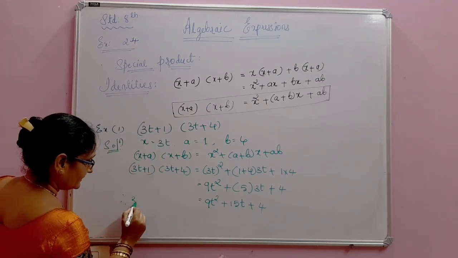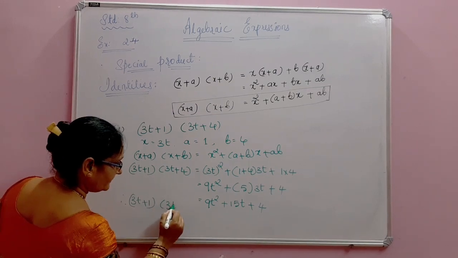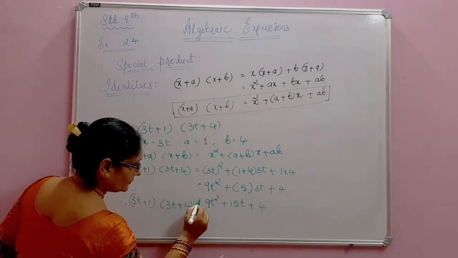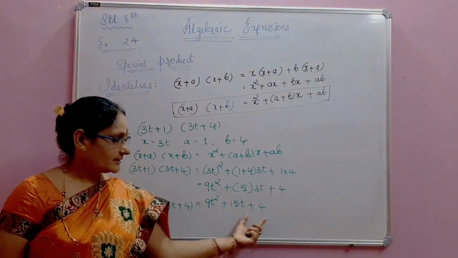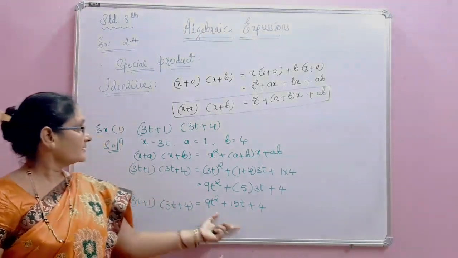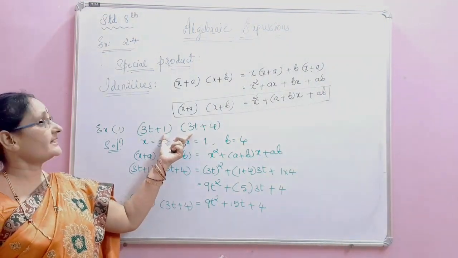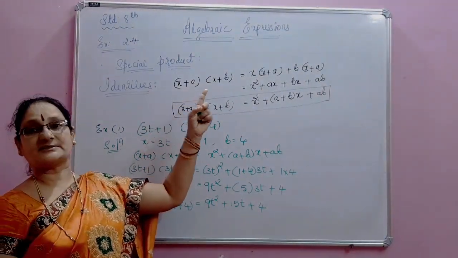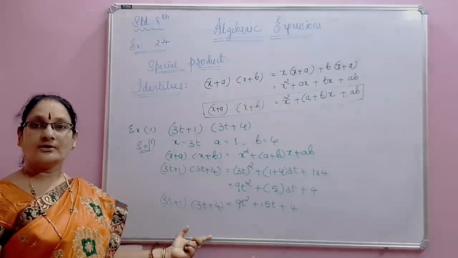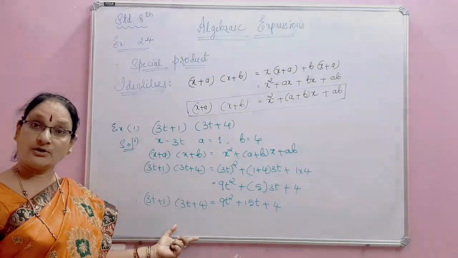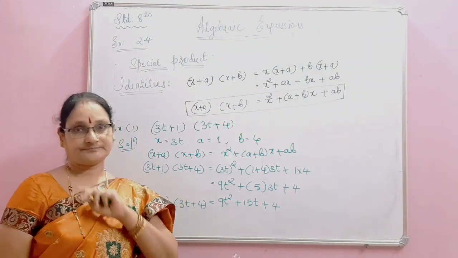Therefore (3t + 1)(3t + 4) is equal to 9t² + 15t + 4. This is finding the product of these two using the identity (x + a)(x + b). This is the first identity. The same kind, just one example I solved from exercise 2.4.